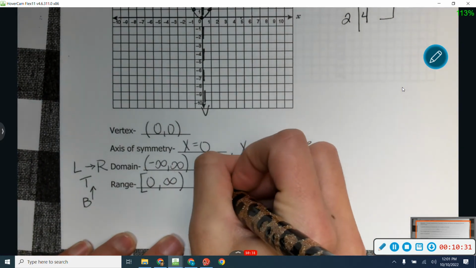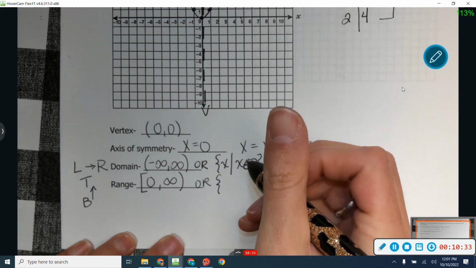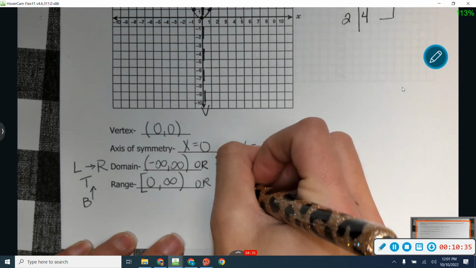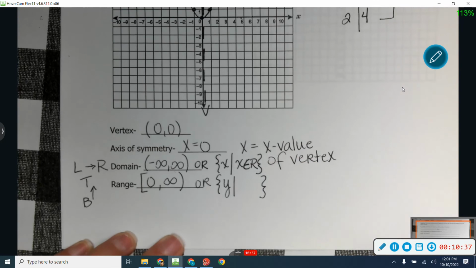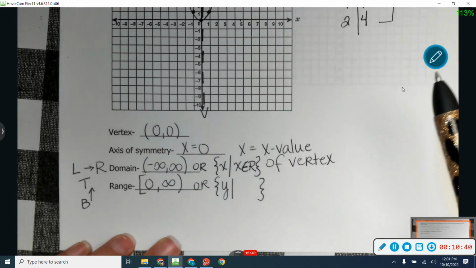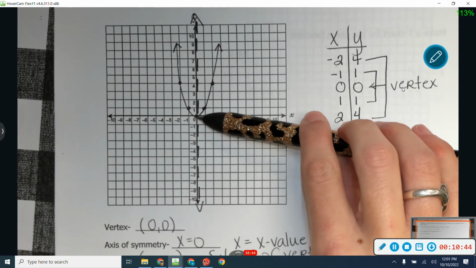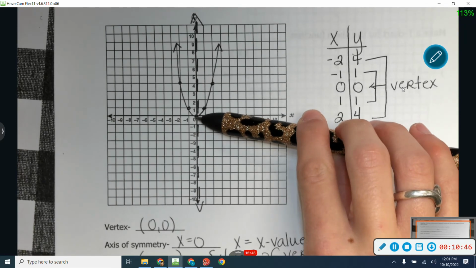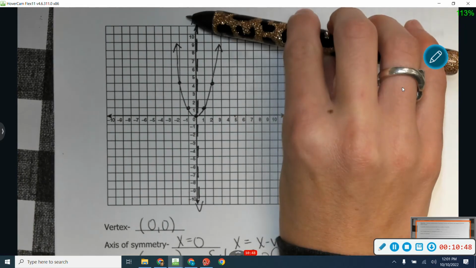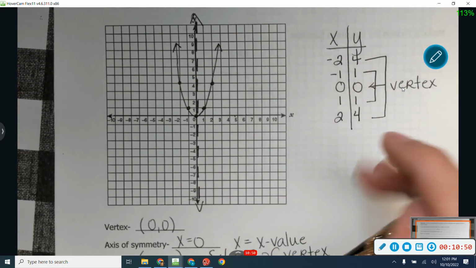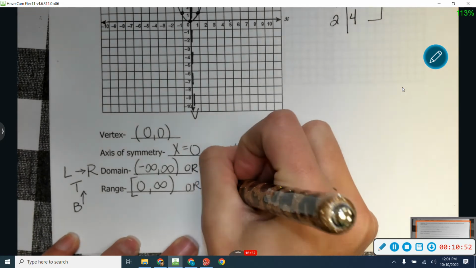Or, if we do set builder notation, range is y, so it's going to be y instead of x. And we're going to build a simple inequality. If my boundary is at this lowest point, which is 0, my y values, are they going to be greater than or equal to 0 or less than or equal to 0? Greater than or equal to 0.